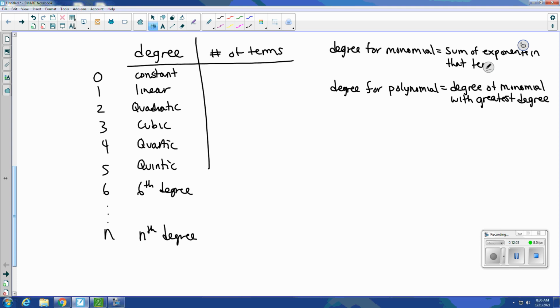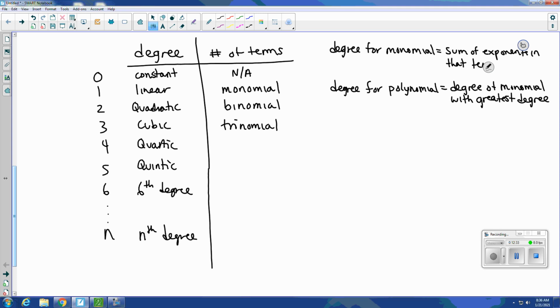Number of terms. If we have 0 terms, well, there's nothing there. So that's just an NA application, and we wouldn't even have a function to look at. If there's 1 term, we refer to it as a monomial, as we discussed before. So a single term, monomial. If we have 2 terms, that's a binomial. 3 terms is a trinomial.